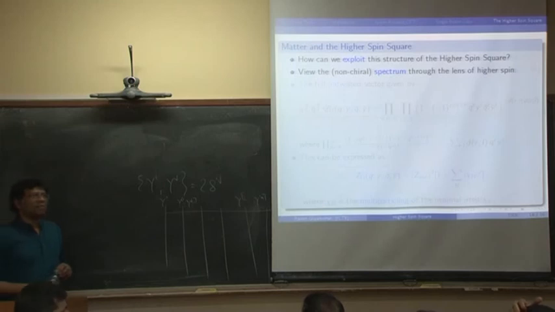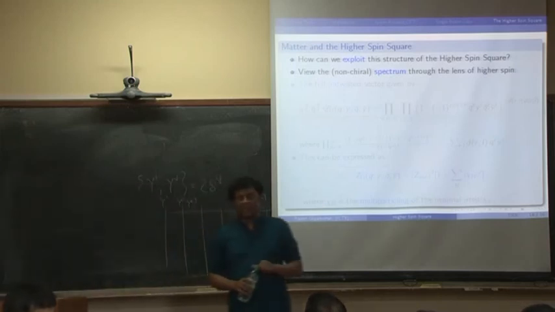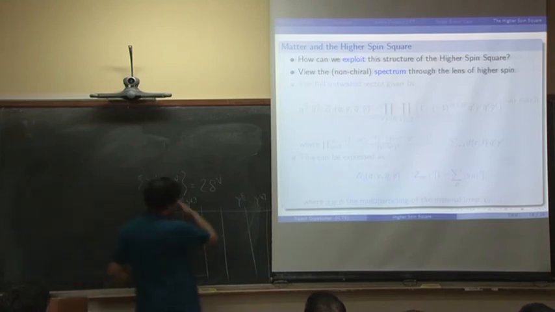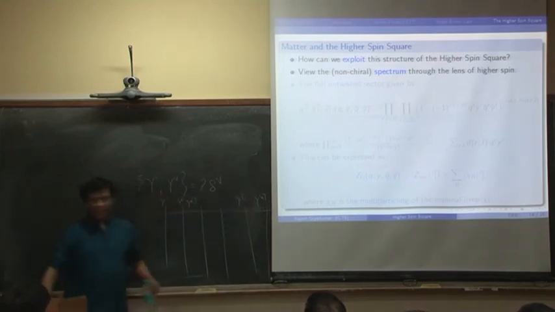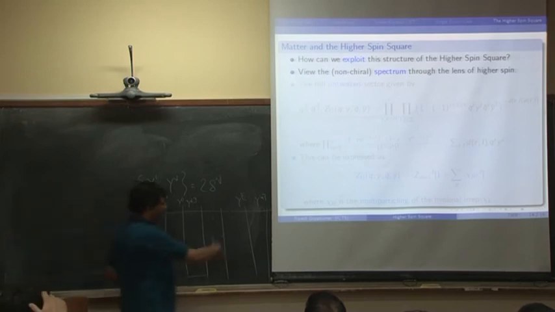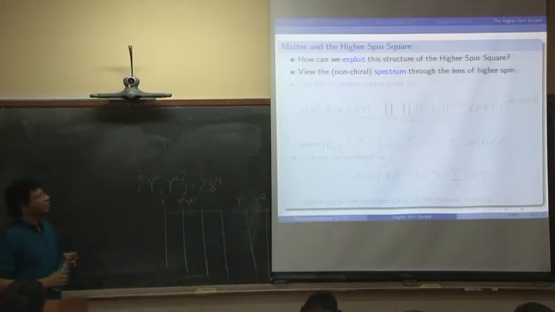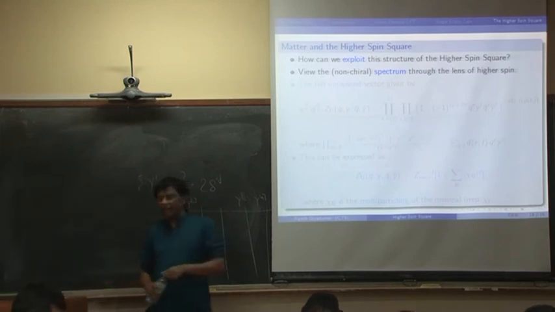So maybe there is some way in which you can do it in that way also. It would be more like maybe there's some other slicing like that. It may be that for some choice there is something which goes like that.